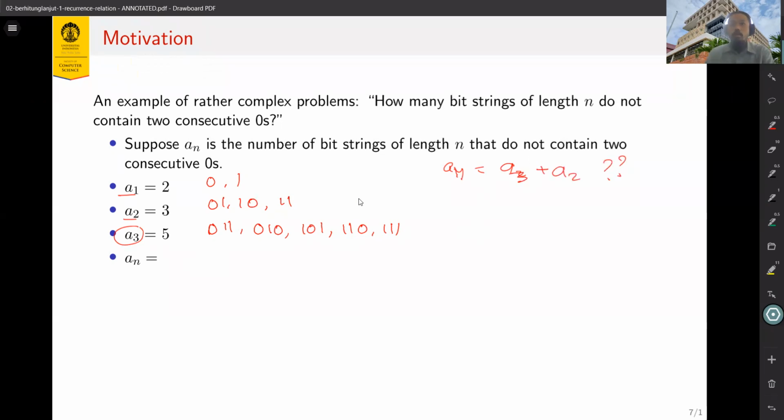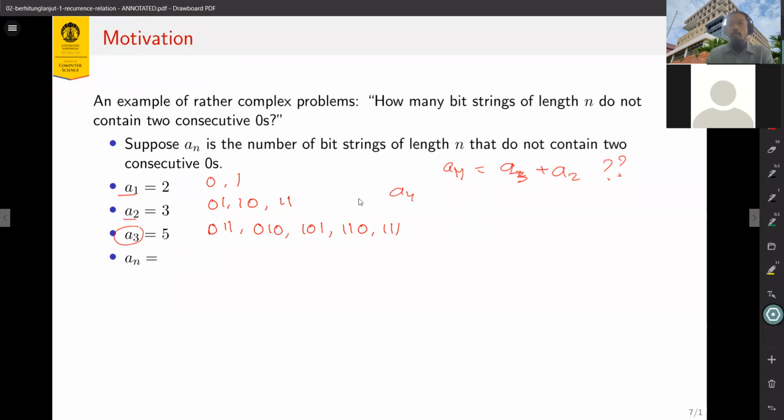Now let's check. So what is A4? Let's count the strings for A4 that do not contain two consecutive zeros. Let's start with the ones starting with 0. Then the next one cannot be 0, it has to be 1.